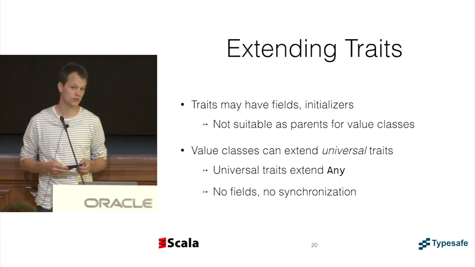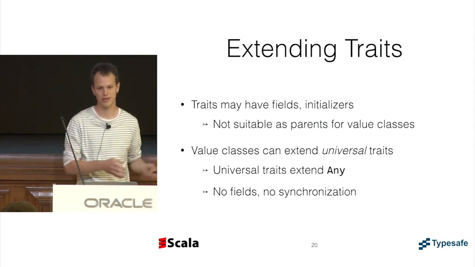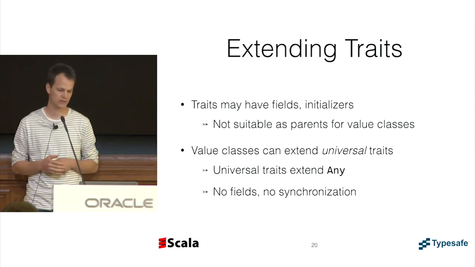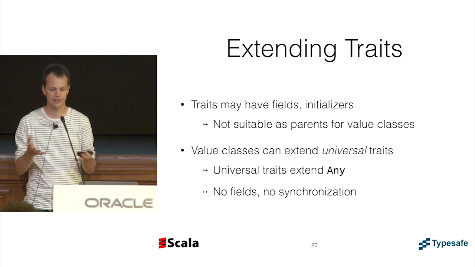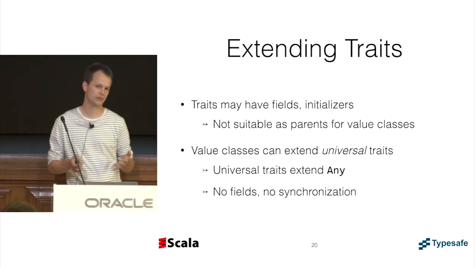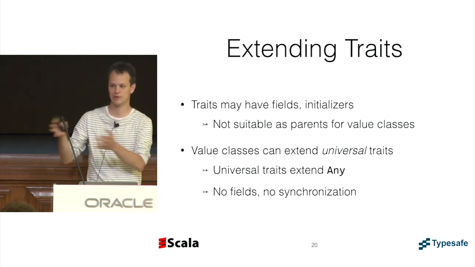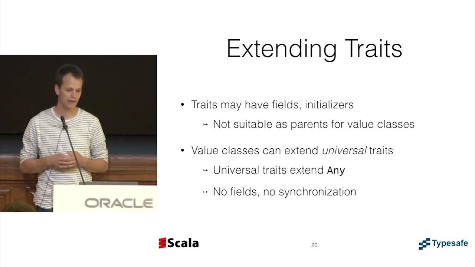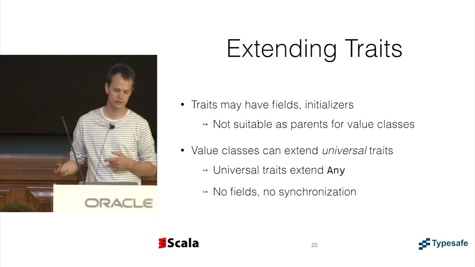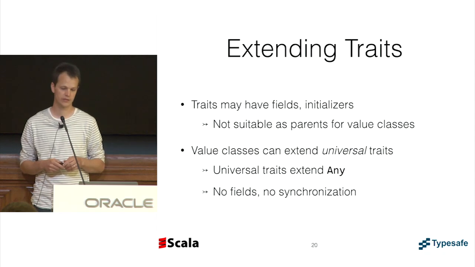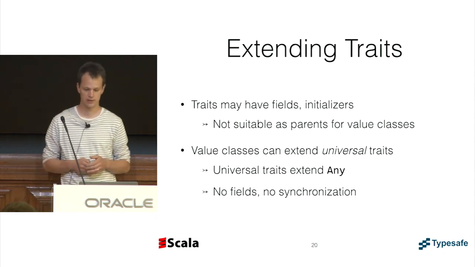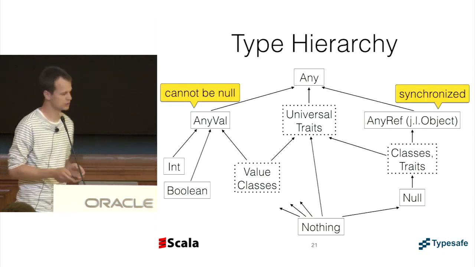And this is just not suitable for value classes because it wouldn't apply to the restrictions that we discussed before. But of course, we would like to share code between value classes, and maybe even between value classes and ordinary classes. And for that reason, Scala 2.10 also introduced the notion of universal traits, which are traits that extend Any. And I'll show you this here.